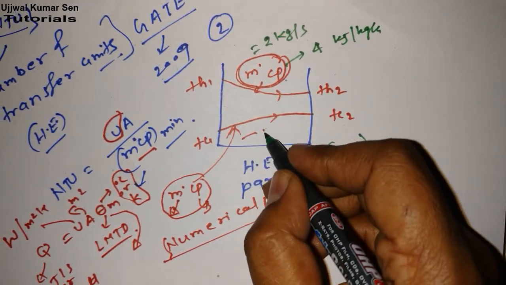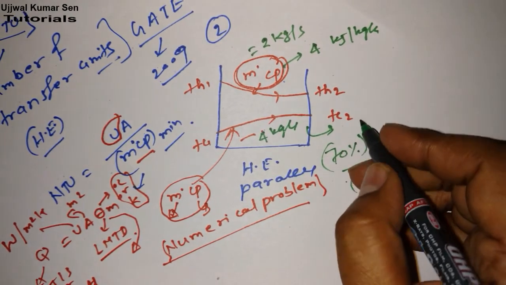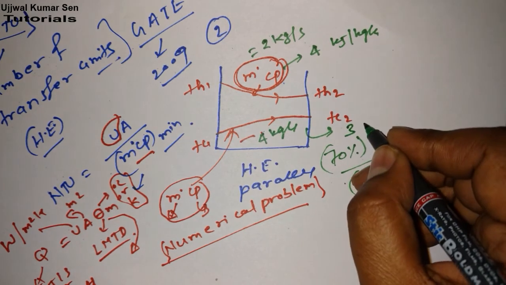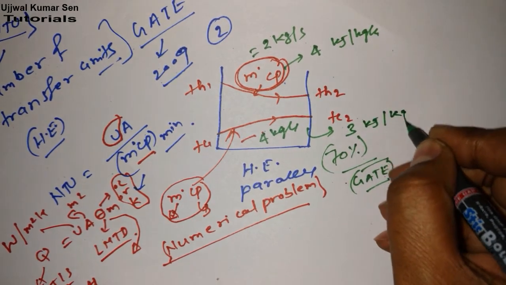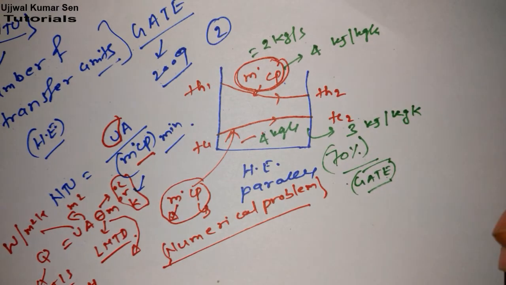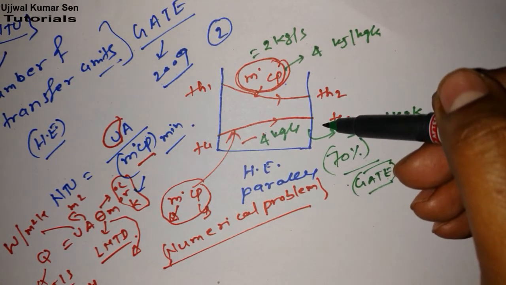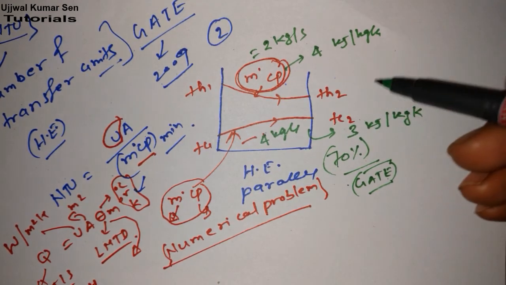Here the mass flow rate is 4 kg per second, and CP is 3 kilojoule per kg Kelvin. I hope this is visible. That's why I am using a different color marker. So suppose we are given these two values for a parallel flow heat exchanger.